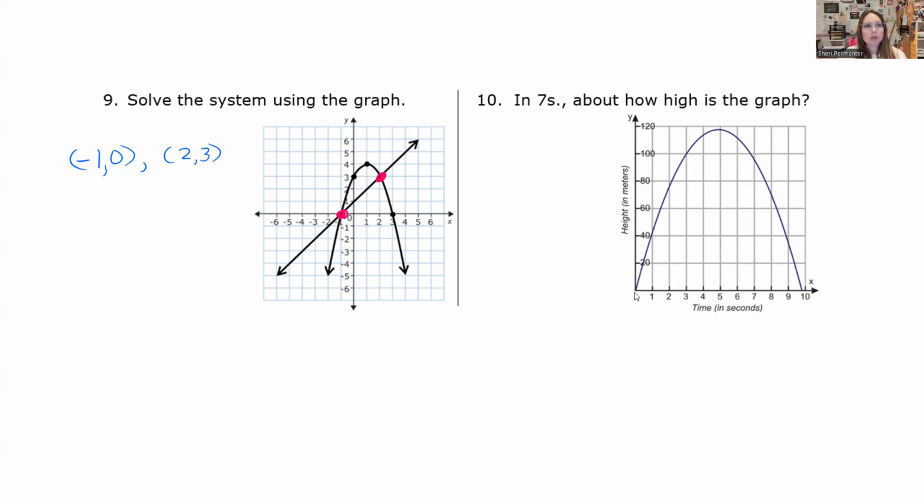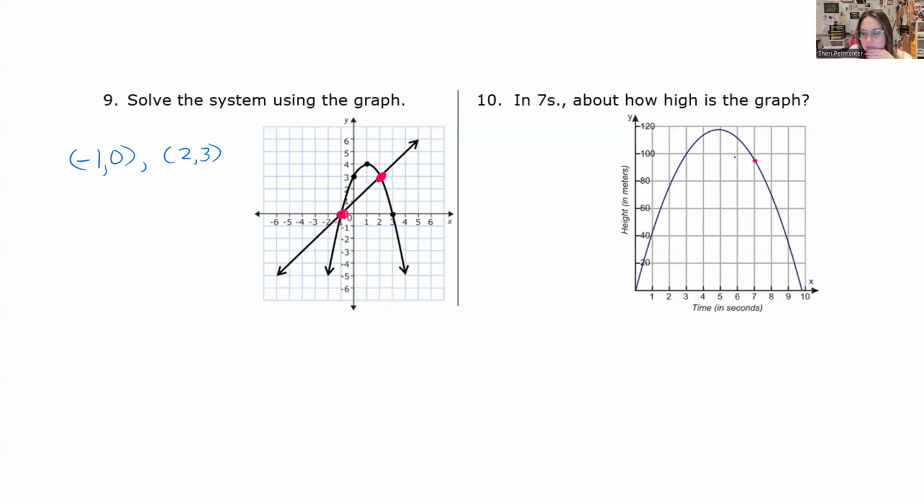The next question says, in 7 seconds, about how high is the graph? Okay, well, we're going to go over 7 seconds, and then I'm going to track it all the way up to see how high it is and put a little point there. So do you agree that it's about right there? Okay, I'm going to track that over to the y-axis.